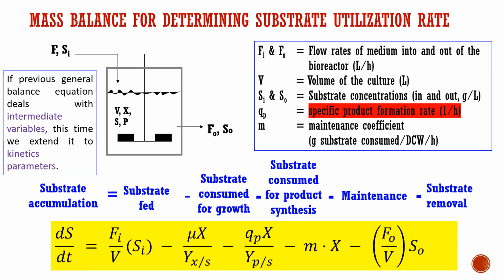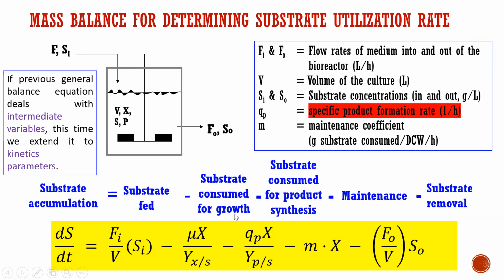In order to calculate the unit for QP, you have to rearrange the equation and you can check. dP over dt is equal to QP multiplied by X. So if you leave QP as a function, what would be the unit? You can check by yourself. So this is rate of product formation divided by the cell coefficient.